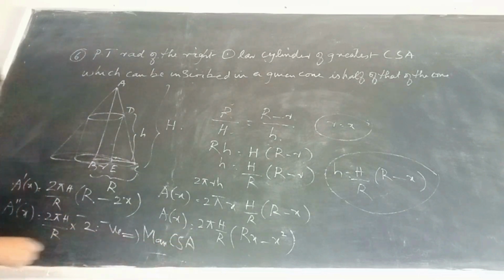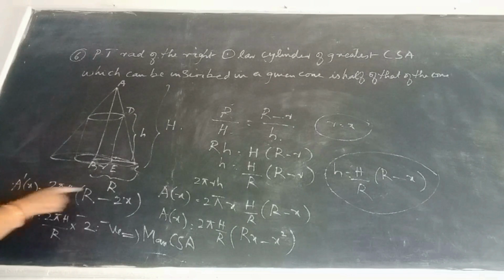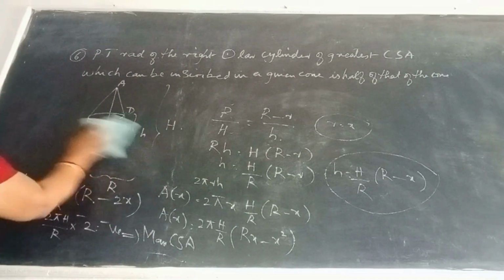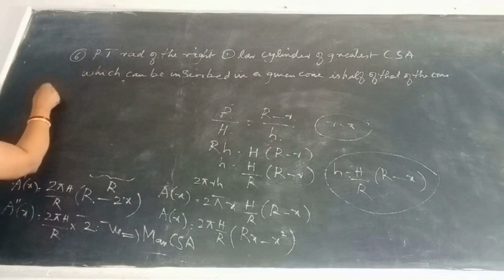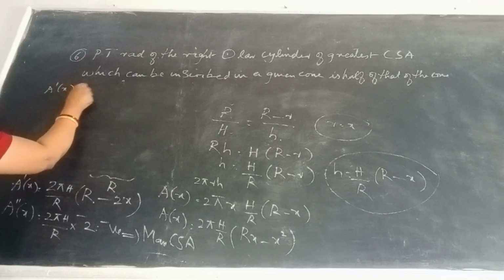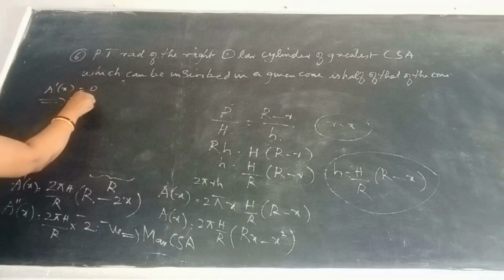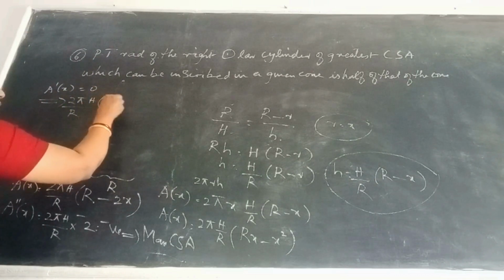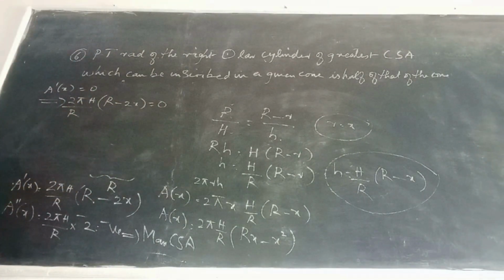So we get maximum CSA when A dash x is 0. Let us equate A dash x equal to 0. It implies 2 pi H by R into (R minus 2x) equal to 0. These are all constants, they can never be 0.